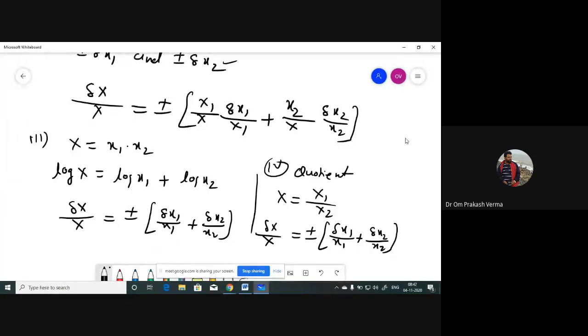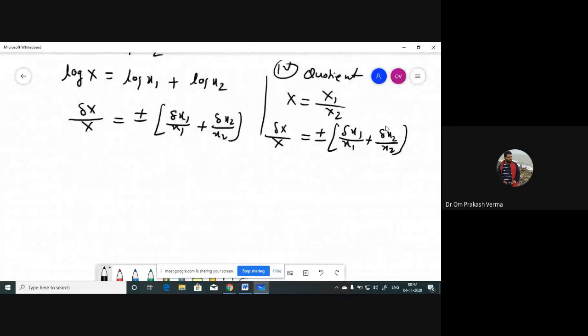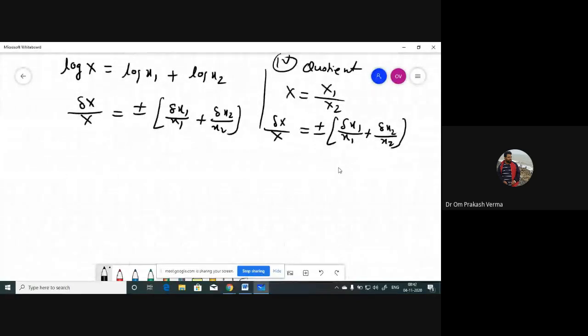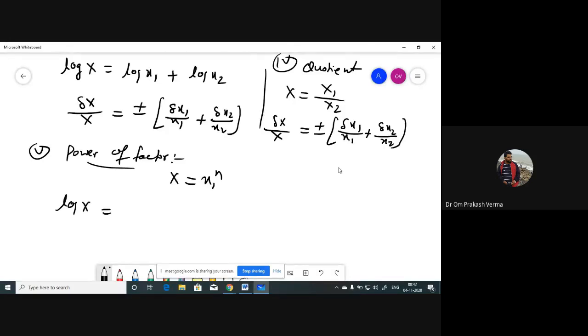Now what happens for the power? For the power of a factor, पावर ऑफ फैक्टर के लिए कैसे फाइंड आउट करेंगे? Let's say we have a problem x is equal to x1 to the power n. Then again we have to take the log: log x equals n log x1, right?